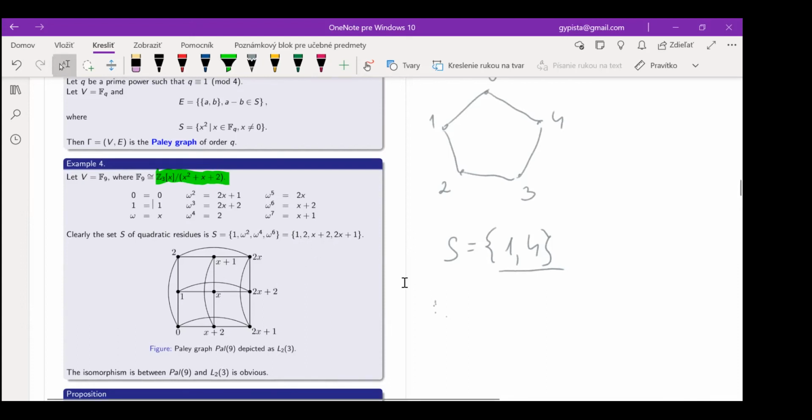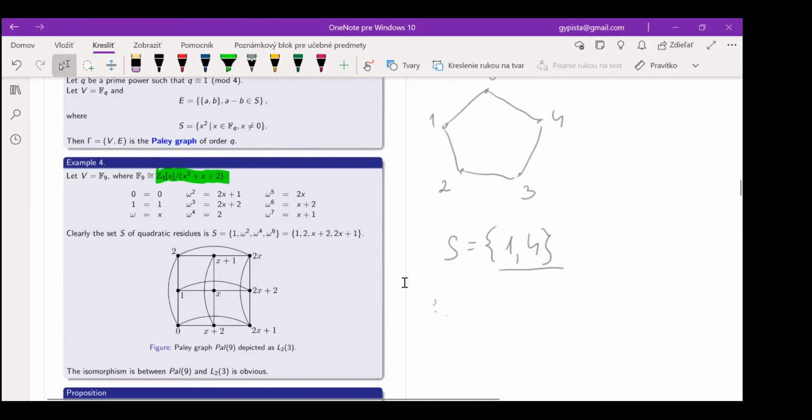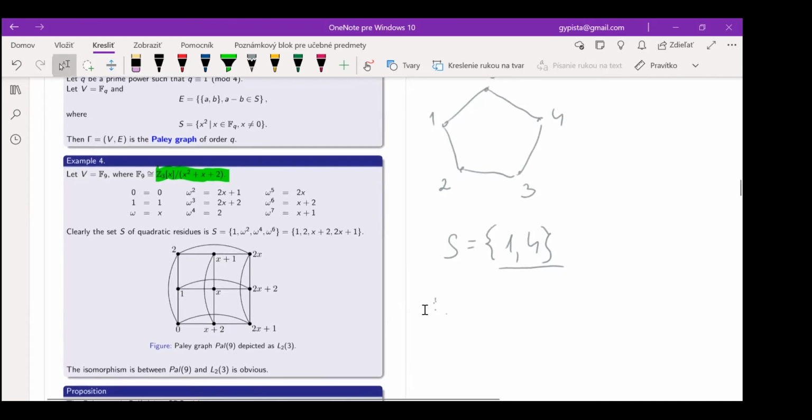And the obtained graph will be the lattice square graph, not the Latin square graph, L2(3). And in the corresponding labeling, it looks like this one.